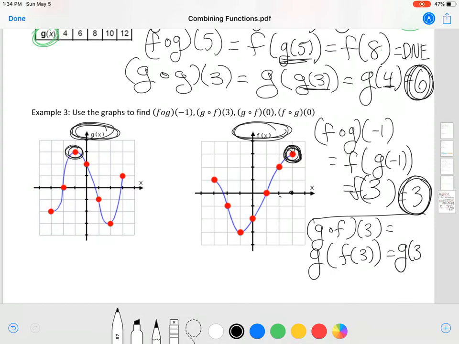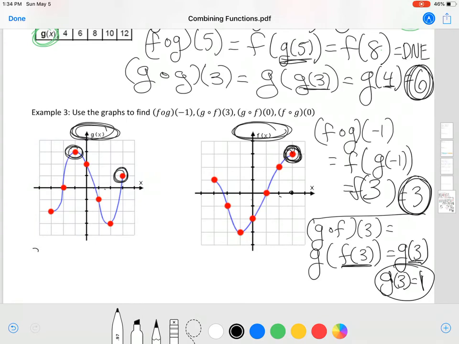Right, I'm replacing f of 3 with 3. Now I've got to find g of 3. So now I'm looking at the graph on the left because we're dealing with g. And when I look at 3, 1, 2, 3, that's going to be 1. So my final answer for g of f of 3 would be 1.